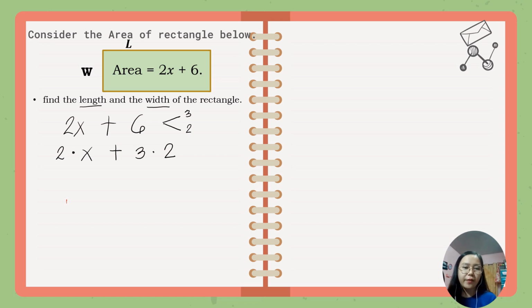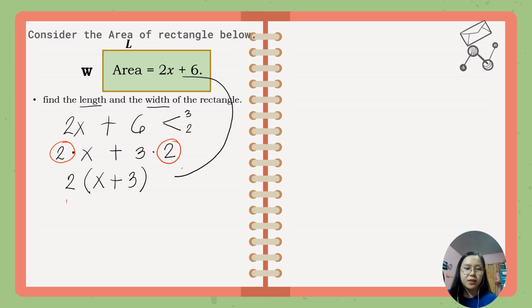The common factor in this given is the 2. So we will write 2, then just write x plus 3. So the factored form of 2x plus 6 is 2 multiplied by x plus 3. So the length here is x plus 3 and the width is 2.